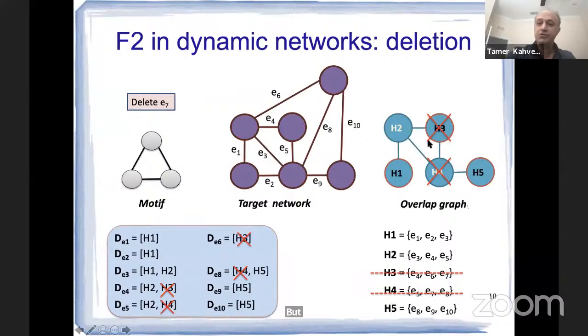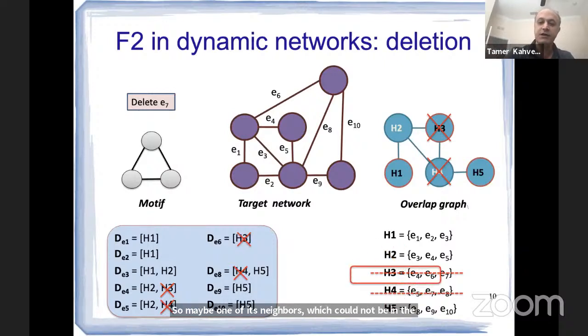But maybe I don't need to reduce the motif count by 1 because H3, when it was in the solution set, was adding a constraint that I cannot add any of its neighbors. So maybe one of its neighbors, which could not be in the result set before, now can be in the result set. To find it out, I look at this. It says that if there's a solution that can be included in the result, then it should contain 4 or 6.